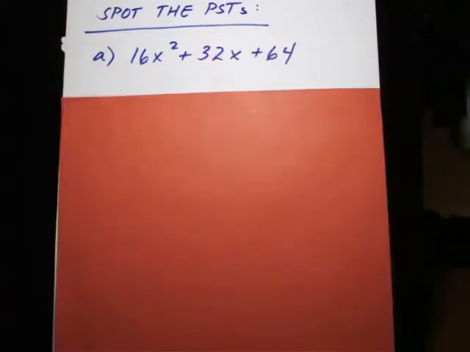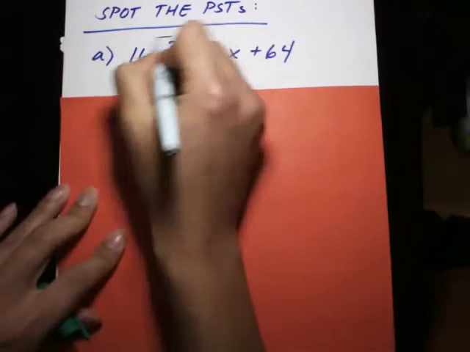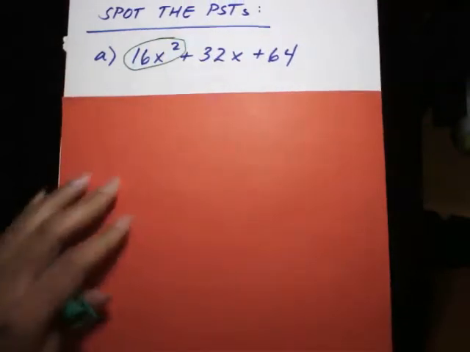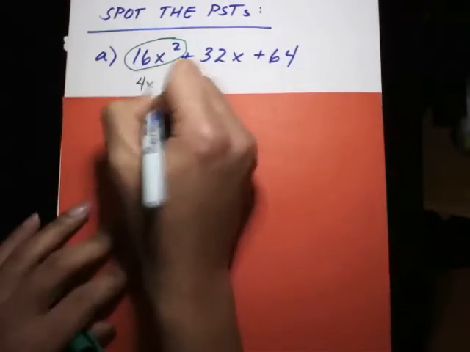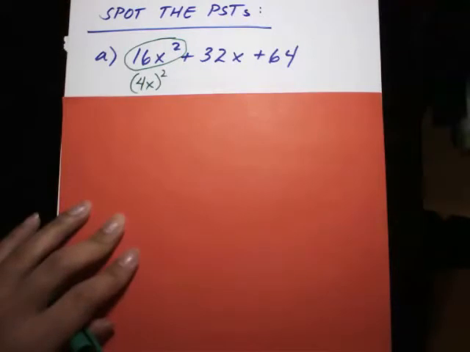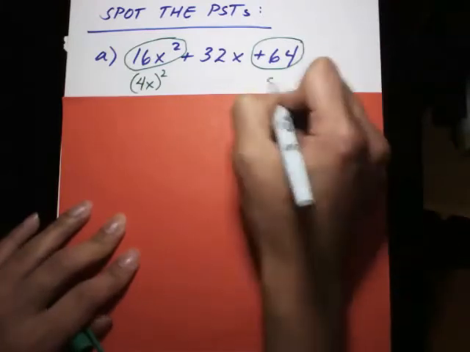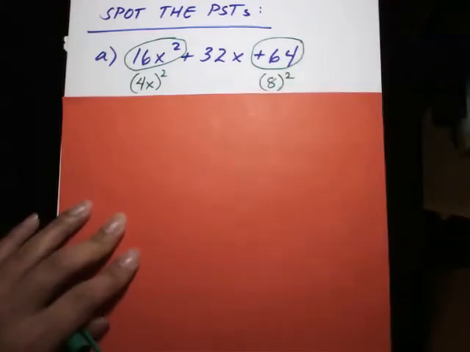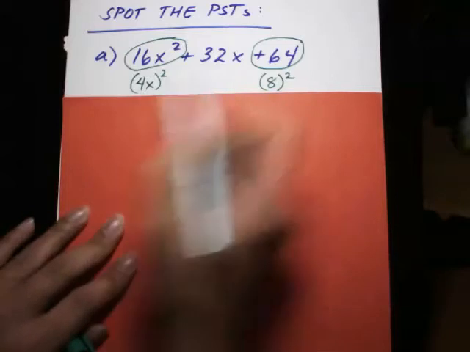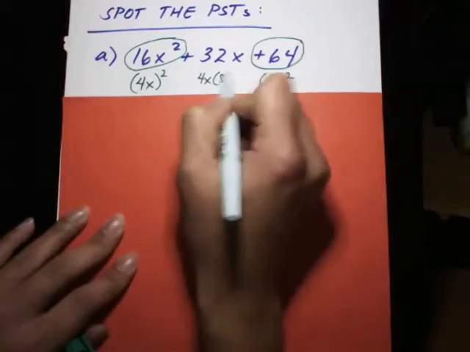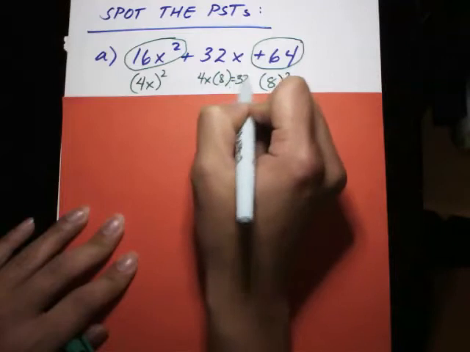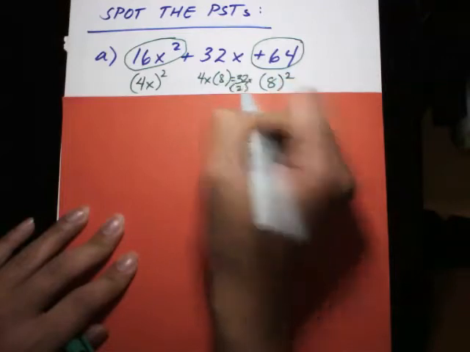Let's talk about the first example in A. Again, we want to check the first term. Is this a perfect square? Well, I know that 4x squared will give us 16x squared, so yes, that is a perfect square. What about positive 64? Yeah, that's 8 squared. But let's see. If I take 4x and multiply by 8, I get 32x, and then I have to double it, multiply that by 2.